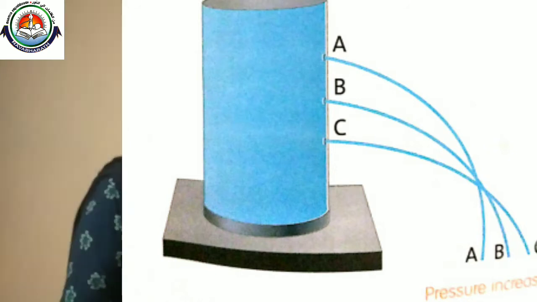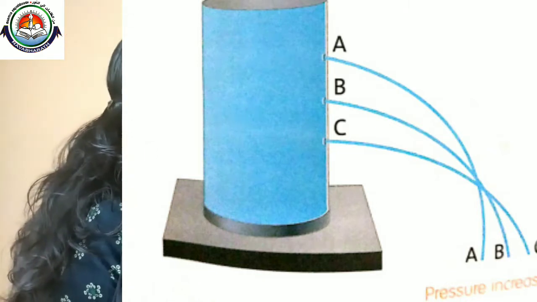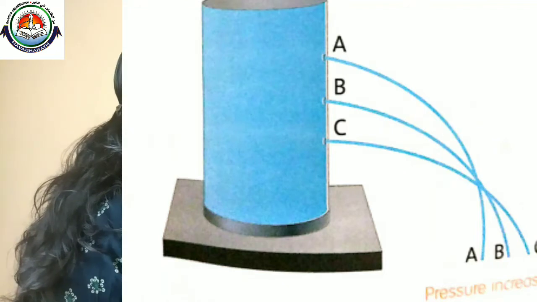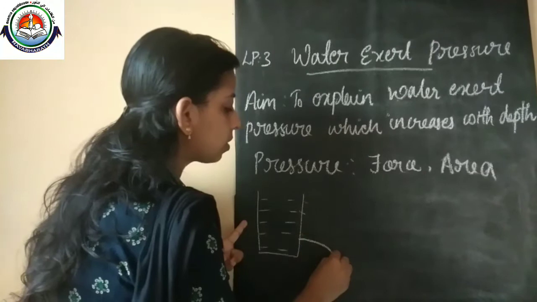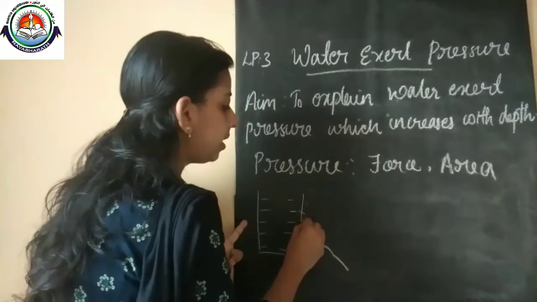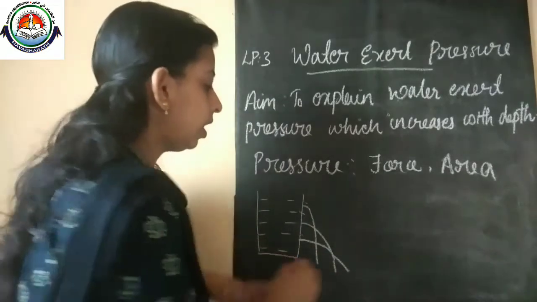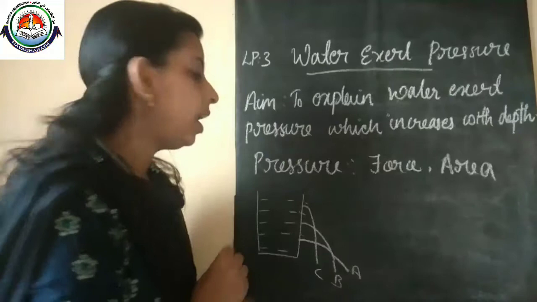According to this picture, we are taking water in a glass or a container, and we put three holes: one hole here, a second hole, then a third one. This is A, B, C. We already discussed that water exerts pressure.